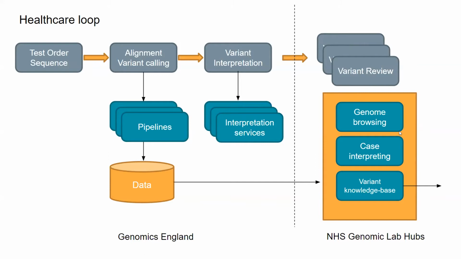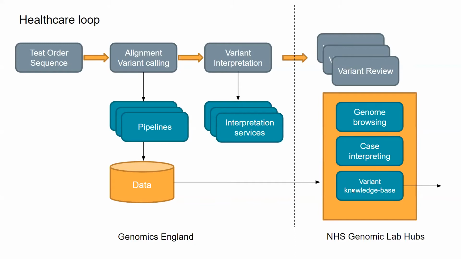As you will be familiar, they would browse those genomes, perhaps through a standard genome browser like IGV. I'll show you an example in a second. Or they will review the variants, the clinical information and the scoring of those variants to be able to diagnose those cases. And finally, those data are deposited in variant knowledge bases.